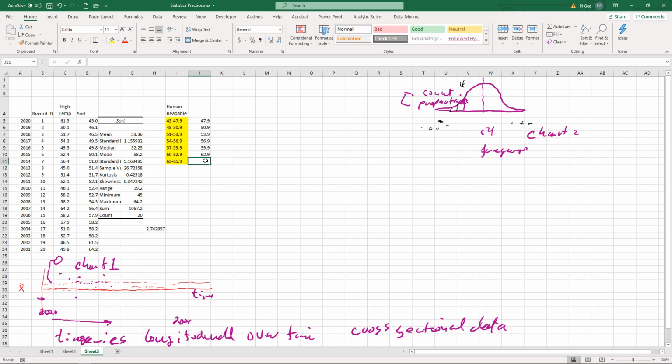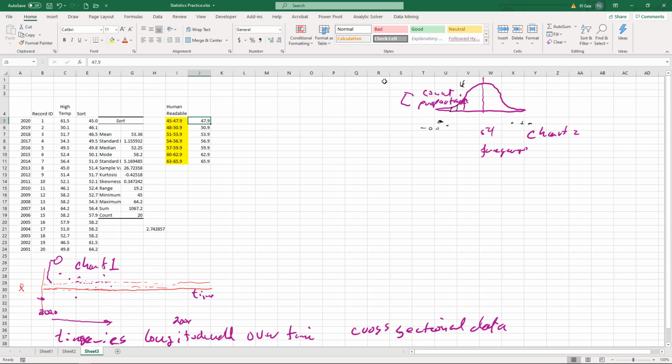Finally, 65.9. So that is what the actual Excel uses. It's a little bit harder to understand what that column means, and this is what it means. Everything from 45, and it's really going to be 0 or negative infinity, up to 47.9. Just so you understand how the histogram works, any number it finds up to 47.9, it will count in that bin.